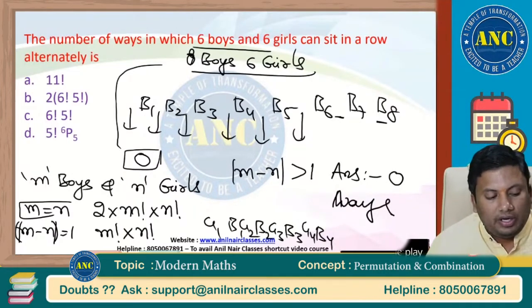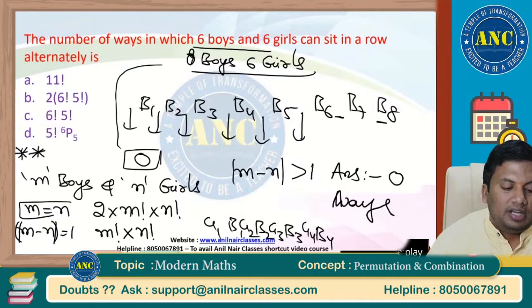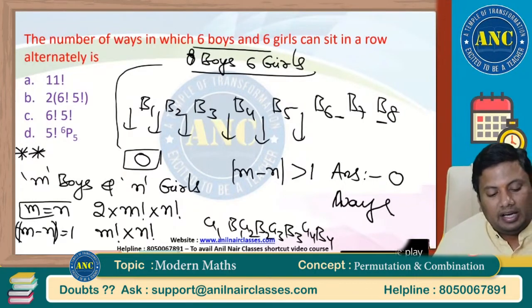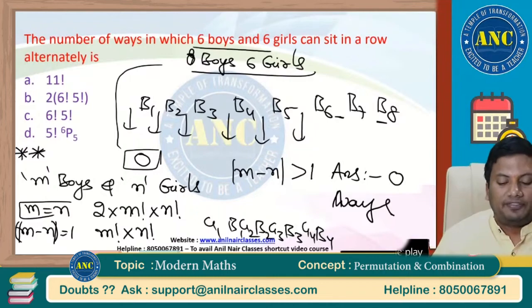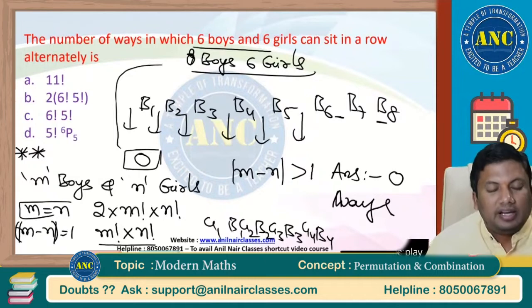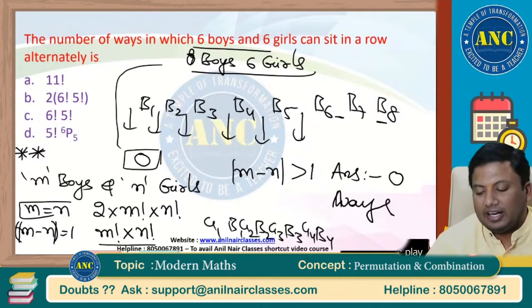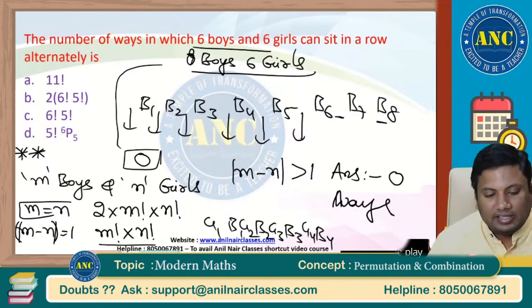So it is 2 into m factorial into n factorial. Please make a note of these important key points, sir. If the difference is 1, then it is m factorial into n factorial. If the difference is greater than 1, girls cannot be arranged between two boys. So the answer is 0.